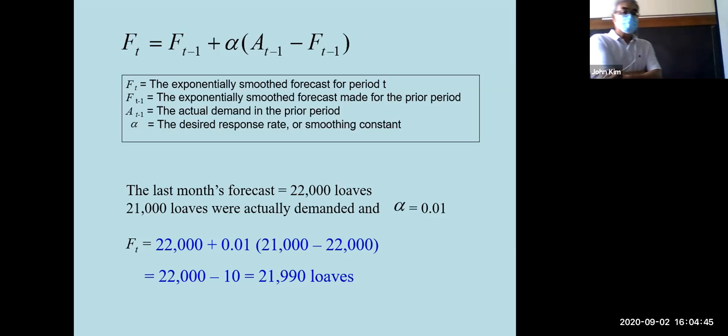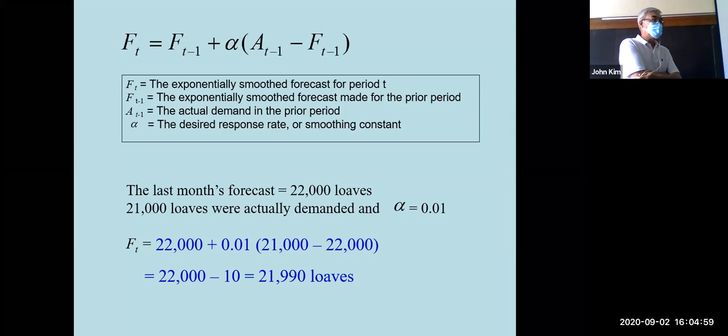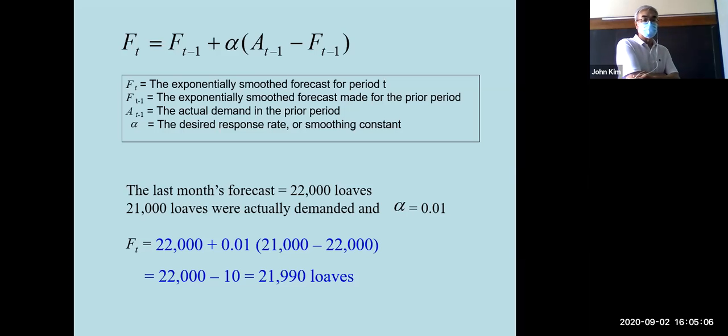F_(t-1) is 22,000 plus 0.01 times (21,000 minus 22,000), which is 22,000 minus 10, equals 21,990 loaves.